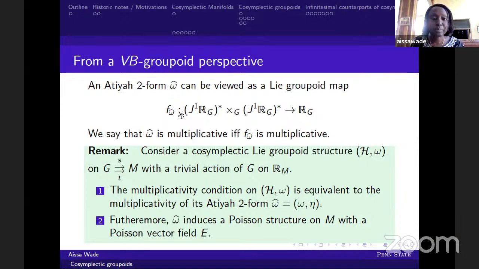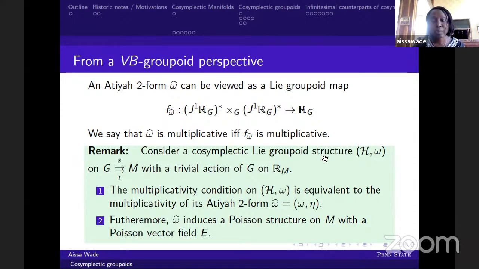Okay, and as a map, we know what it means for this map to be multiplicative, and we can define that the multiplicativity of omega hat is the same as the multiplicativity for this function. Okay, now with this definition, we have the following. Of course, this works only when the action coming from H is trivial.